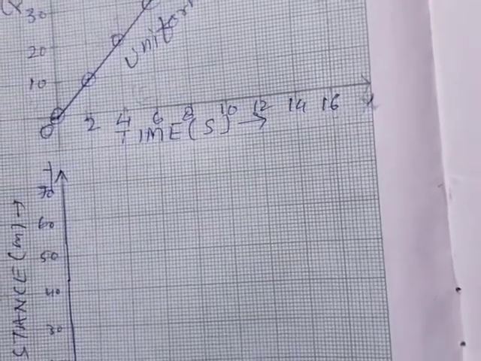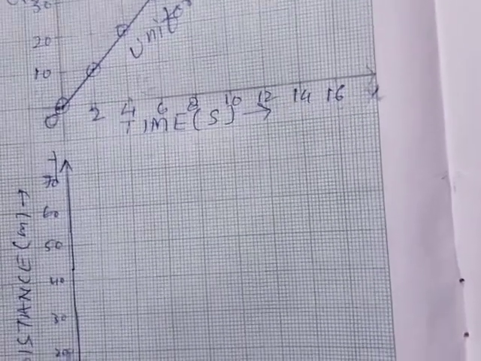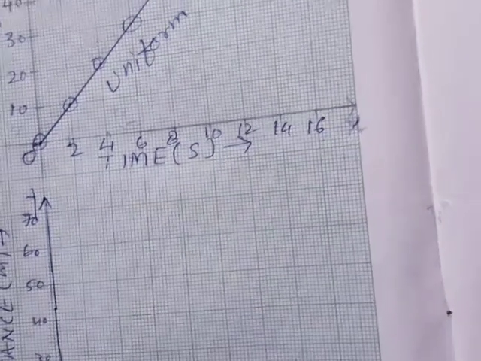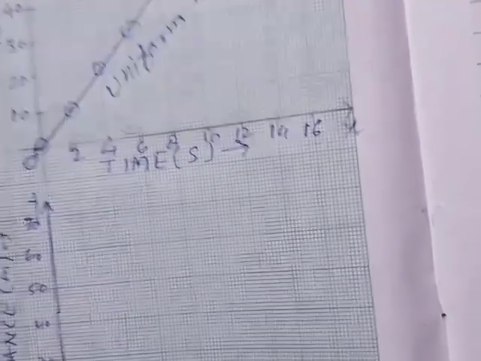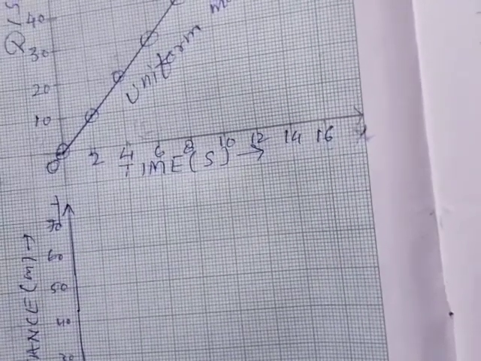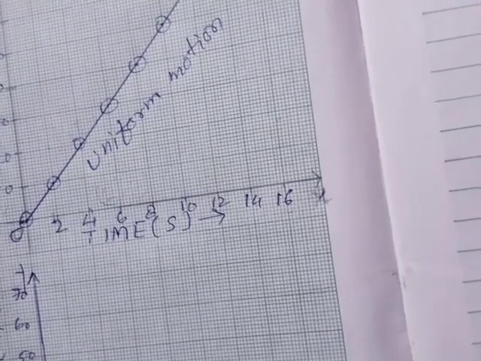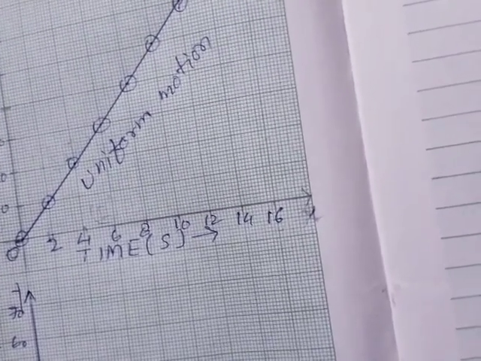Then after the 20th second, the position is 16. So 16 is at this position. At 25 seconds, it is 25. 25 will be in between 20 and 30. So this is the 25.